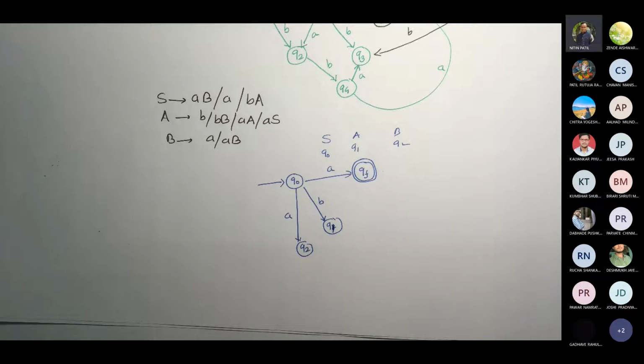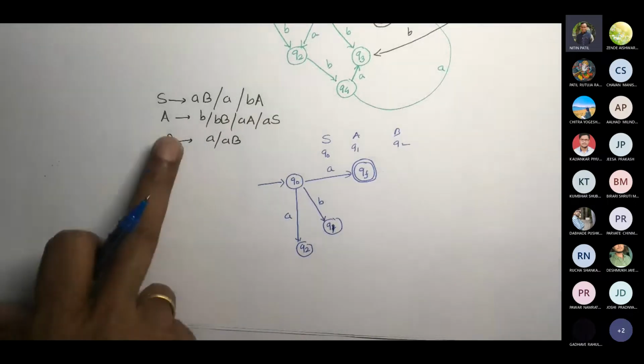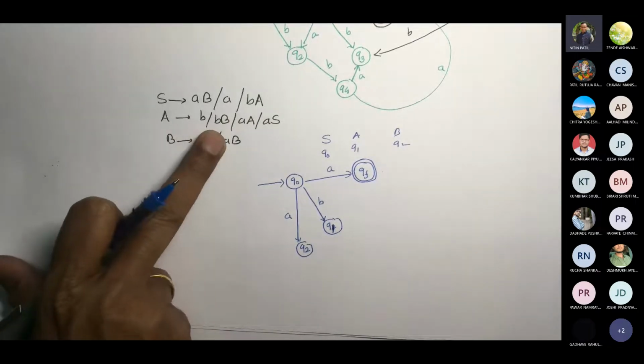Okay. Now we have A gives B, A gives BB, A gives AA, A gives AS. So we are having all states here only. Let us first formulate. I will not talk about the terminal first. I will talk about all of these first. So A gives BB.